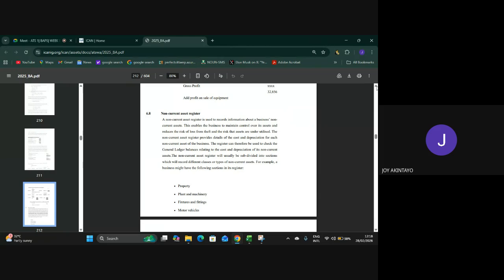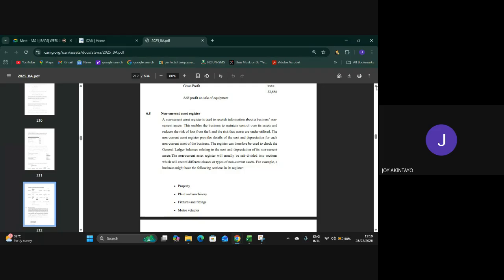It gives us information on the items we have for our property, plant and equipment. And what are those things needed?